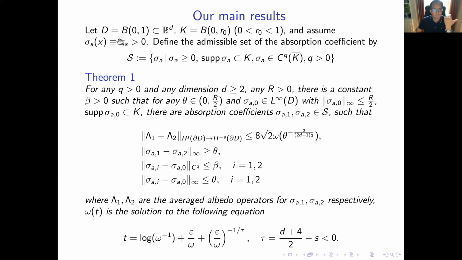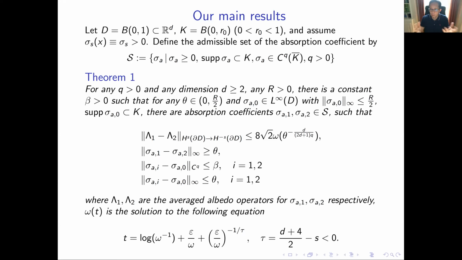Again, we try to construct a specific example to show this type of instability. Our domain is a ball, simplifying the geometry. K is a compact set, in this case a smaller ball with radius strictly smaller than 1.